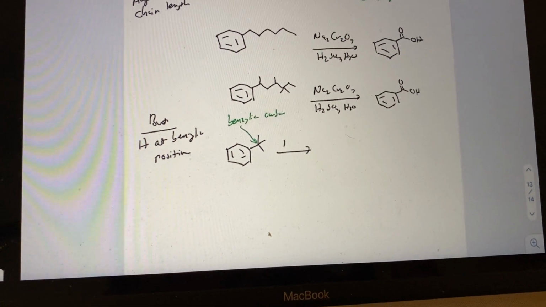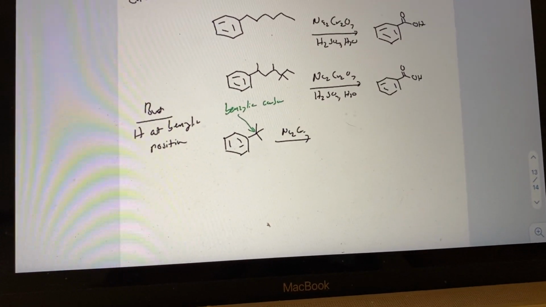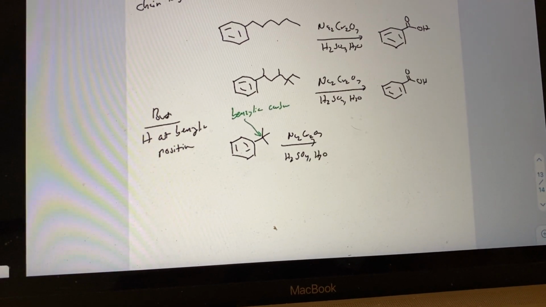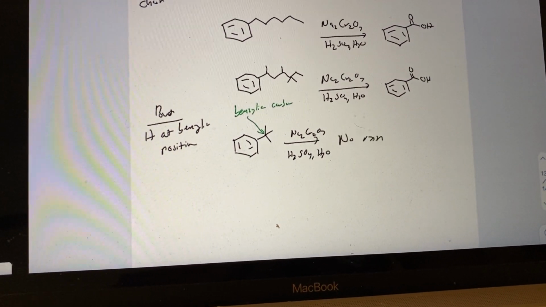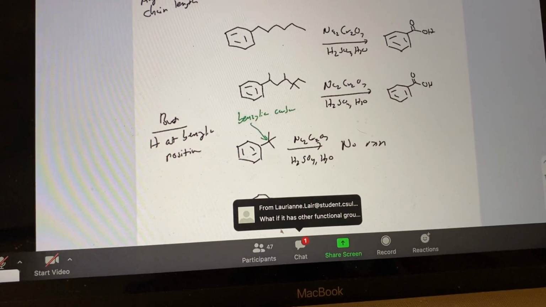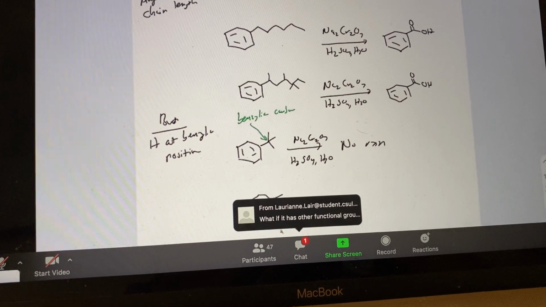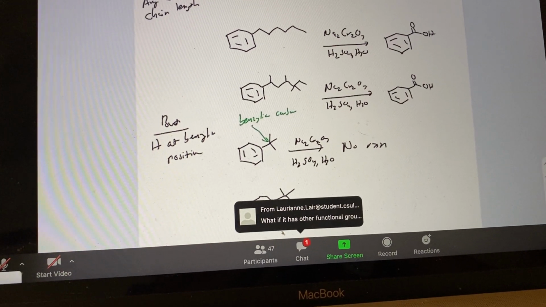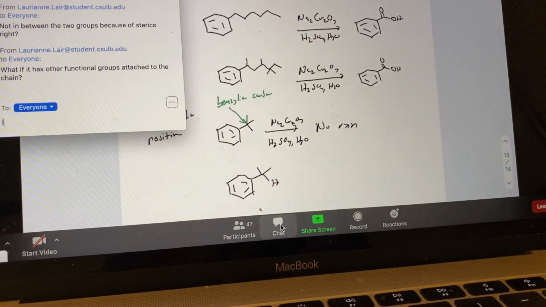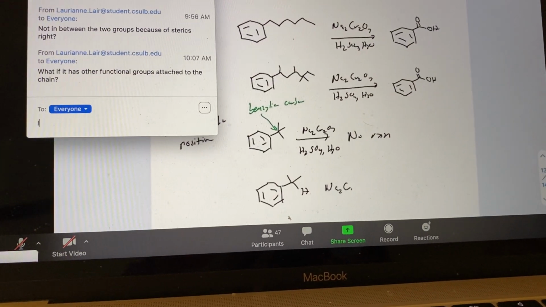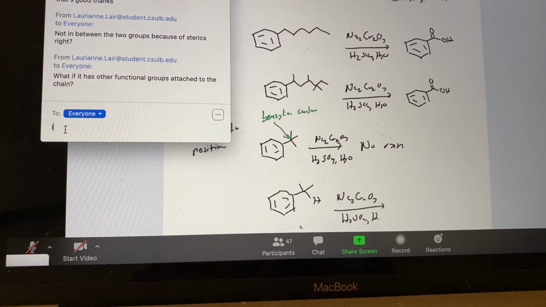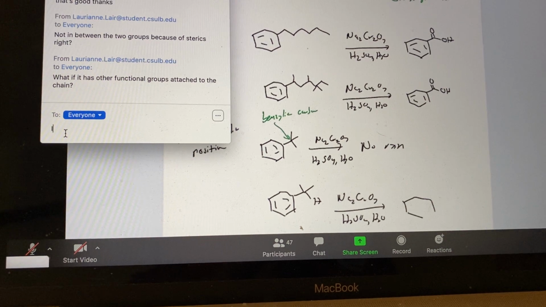So if we were to take this reaction, Na2Cr2O7, sulfuric acid and water, no reaction. So you need a hydrogen. Doesn't matter if you have 1, 2, or 3. You could have an isopropyl group there, as long as you have a hydrogen. And then you'll form a carboxylic acid.